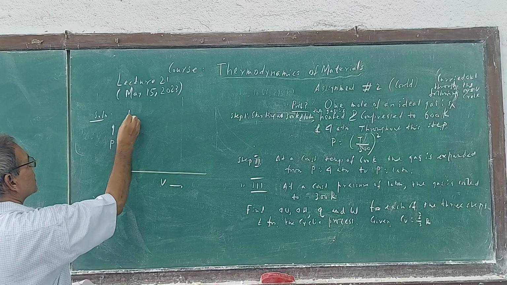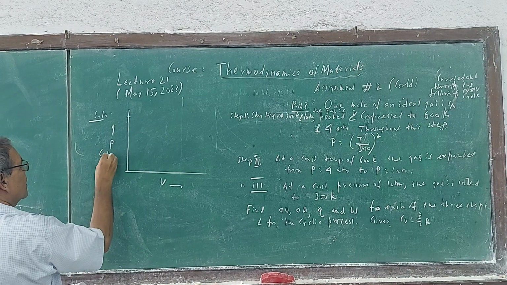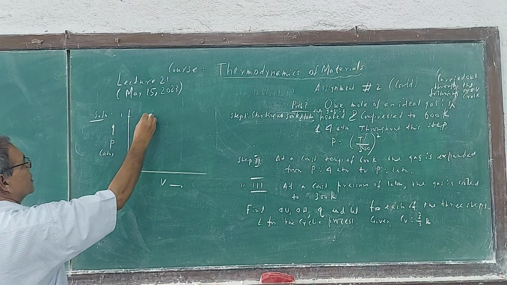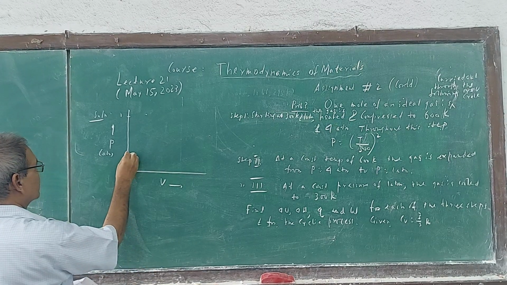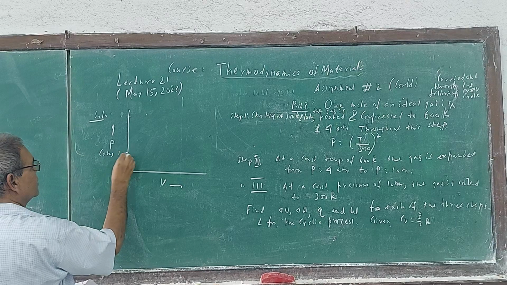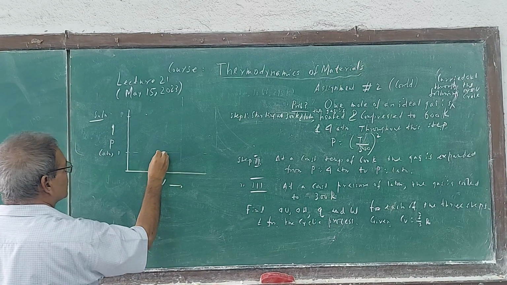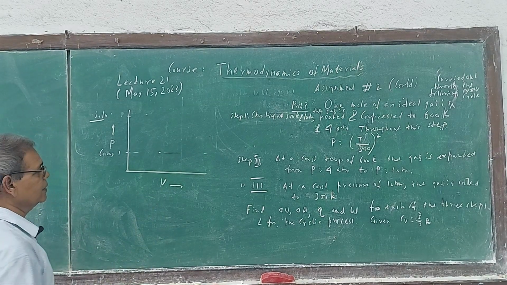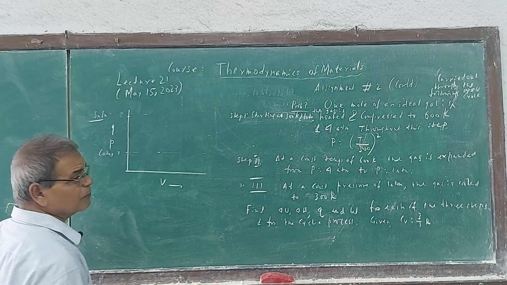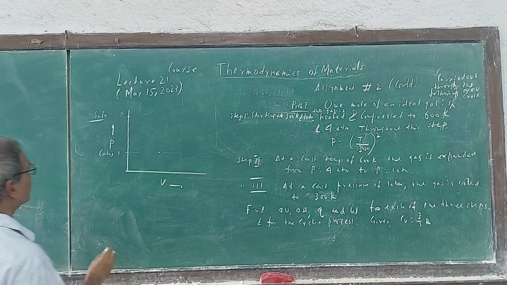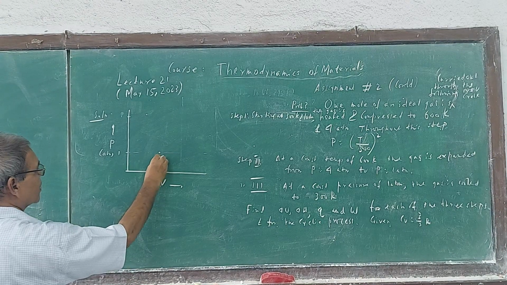This is state 1, the starting state. What is the temperature and pressure? 300 Kelvin, 1 atmosphere. What is the volume V1?